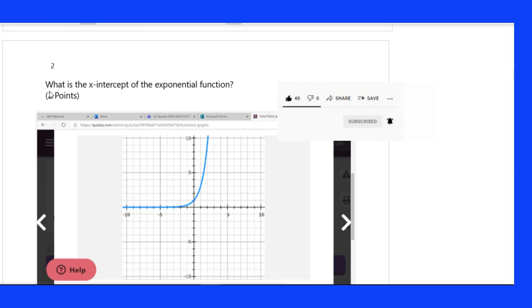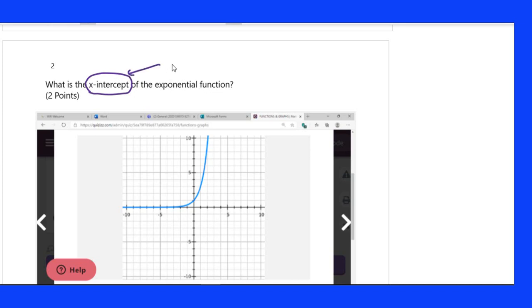Number 2, what is the x-intercept of the exponential function? X-intercept means y is equal to 0. We are going to find where y is 0 on the graph. Let's say the graph is like this.